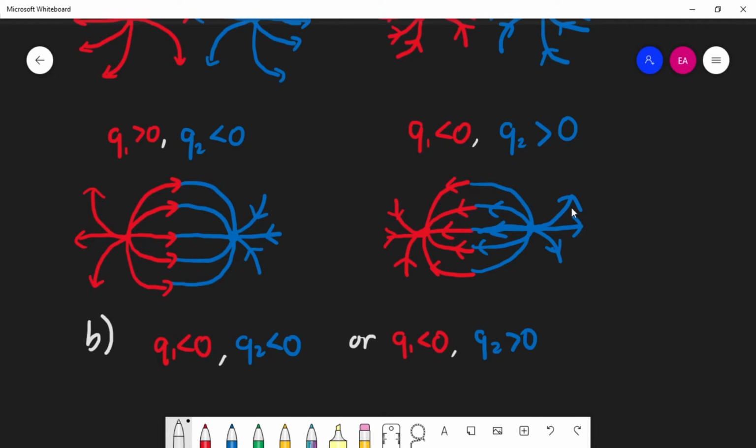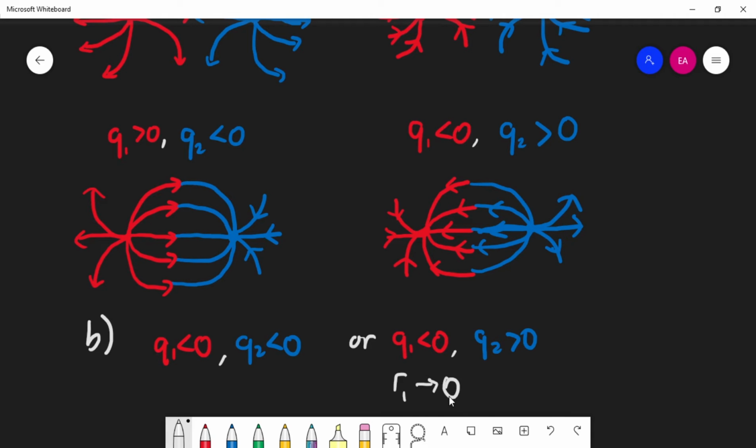How do we resort to that? First of all, we could see that in order for this to be in completely the negative Y direction, it needs to be super, super close to Q1. So the distance to Q1 should approach 0.